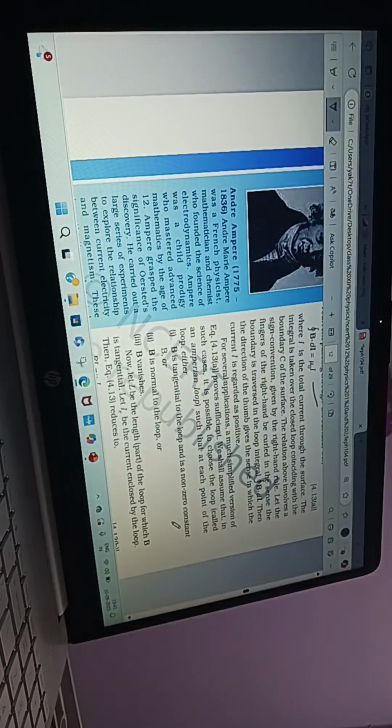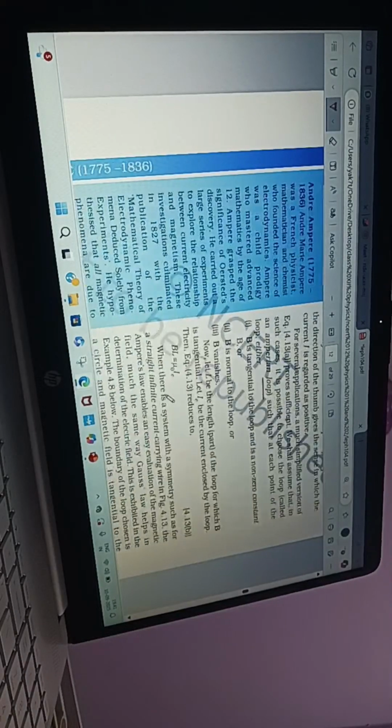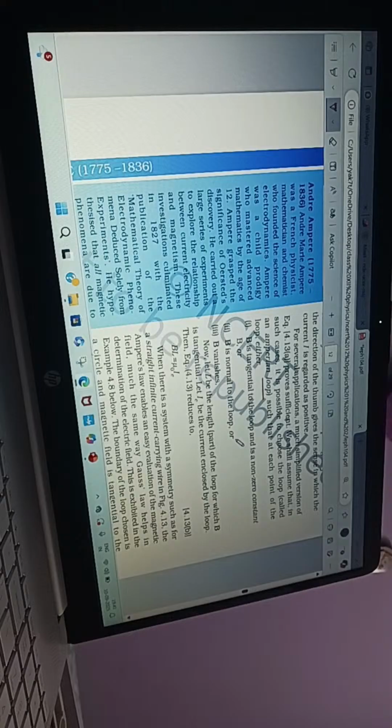Some important points related to the Ampere loop. First one, you read. B is tangential to the loop and is a non-zero constant B. Or B is normal to the loop, or B vanishes. It is tangential.